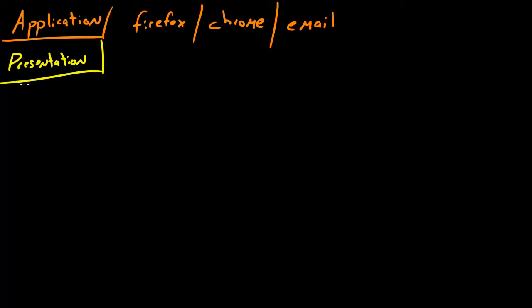The presentation layer. Now this is the layer that your operating system works on. Now what this does is it basically converts text that the user can understand, like letters and numbers. Because of course whenever you type something into your email, you're typing just basic letters and numbers, a language that you can understand.